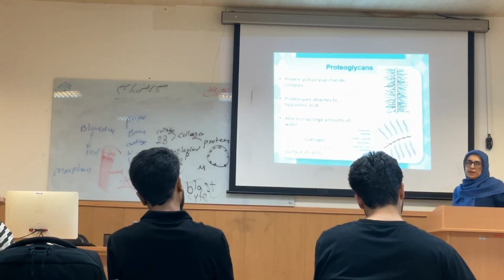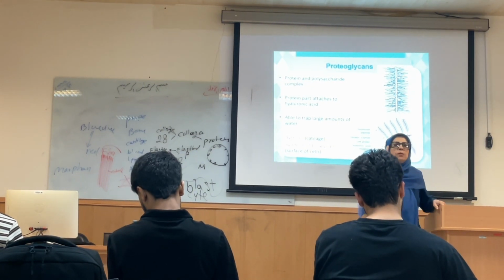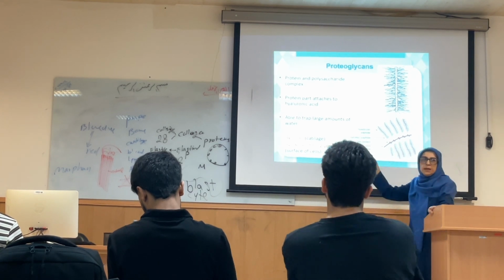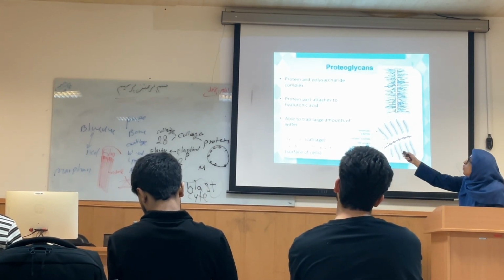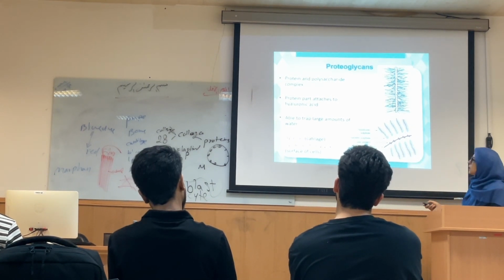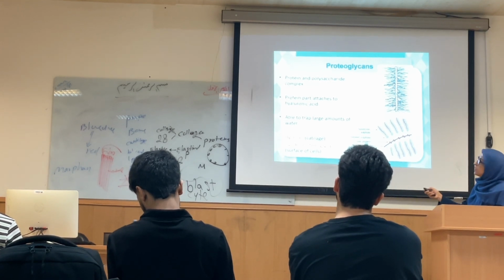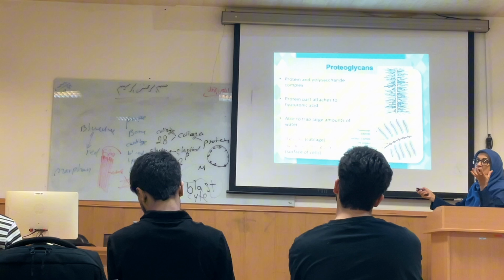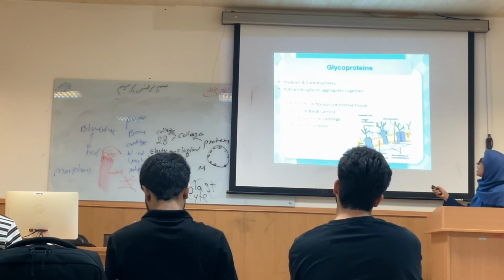When the GAG or polysaccharide chains join to one protein, we name this a proteoglycan, where the amount of carbohydrate is much more than protein. This protein is mostly attached to hyaluronic acid because hyaluronic acid is the most abundant.